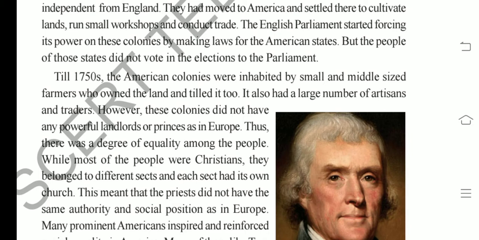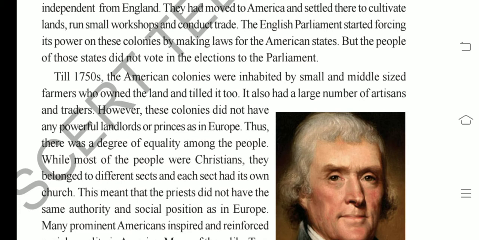So Roman Catholic Church domination was there on the entire European continent. So to get freedom from the Roman Catholic Church, European people, especially English people, migrated to the 13 colonies of America. They settled in the 13 states of America, understand?